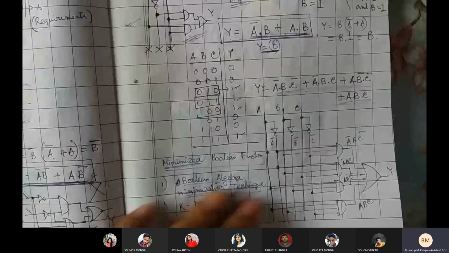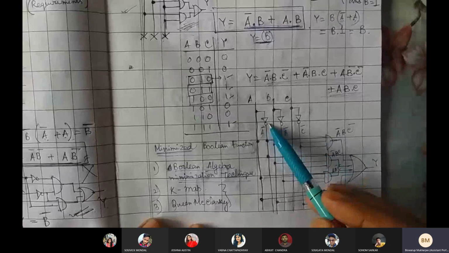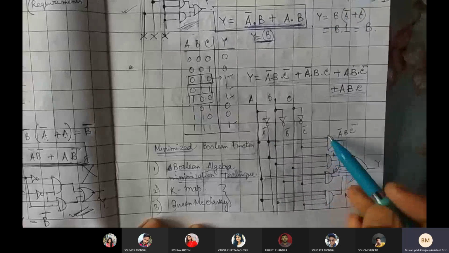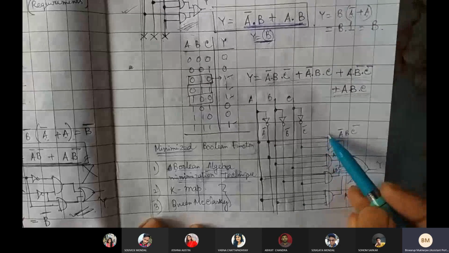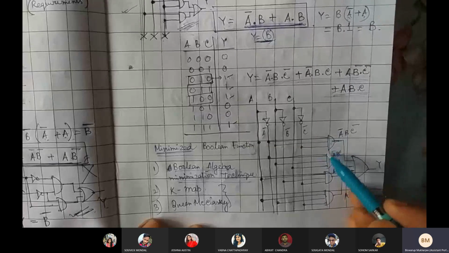But here we are having 4 AND gates initially along with 3 inverters. All the 4 AND gates are also 3 input AND. So a 3 input AND gate's complexity is more compared to a 2 input AND gate. The delay and the power consumption will all be a little bit more.